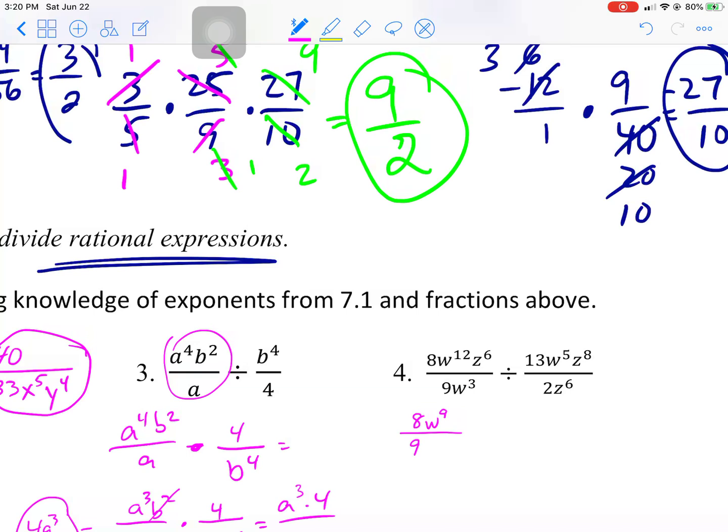Okay. There are a lot of ways to do this problem. I'm going to start here. Okay. And then there's a z to the 6. You can always reduce your polynomials, your monomials, your rational expression as it is. So keep, change your division to a multiplication, and flip your other one here.